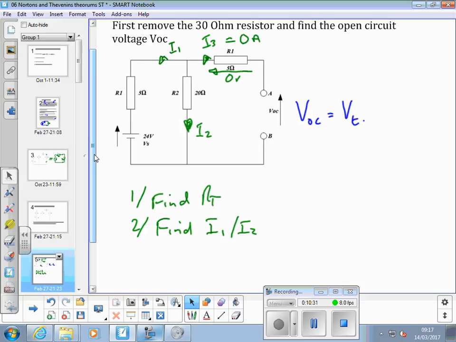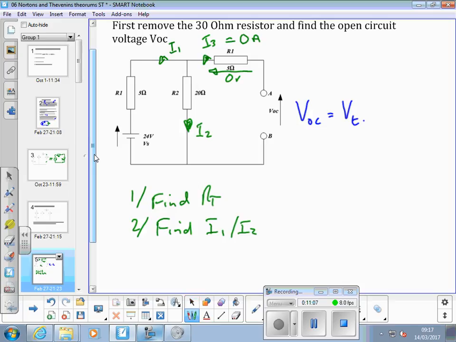So how can I find now VOC? I'll rephrase that. How can you find VOC? Worry about doing it for a minute. Just worry about how you're going to do it. Find RT, don't you?